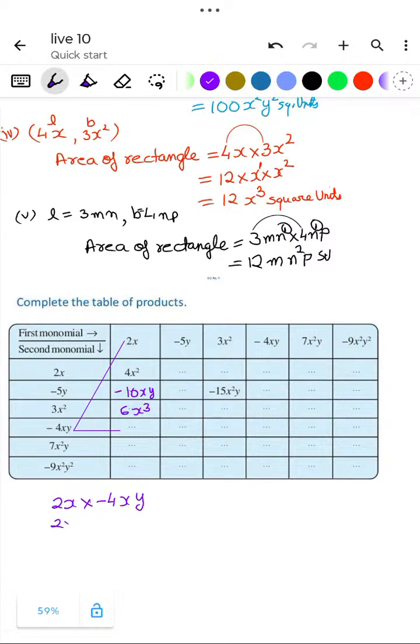So 2 times x times, negative 4 times x times y. So digits 2 into negative 4 will give negative 8. X, 1 plus 1 is 2, into y. So answer is negative 8x square y.